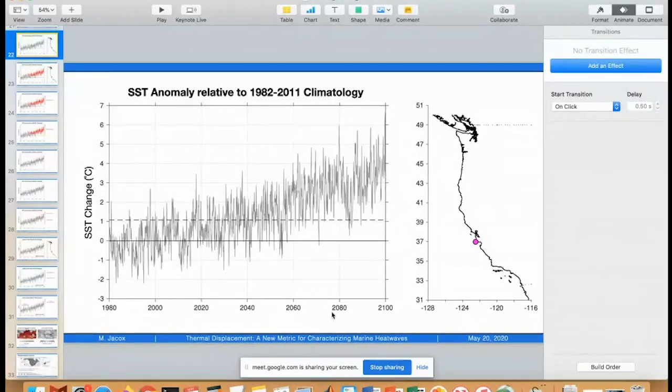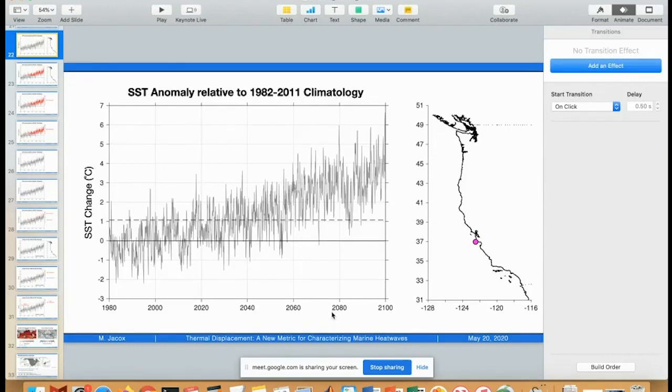That's actually a great question. The way I've done this, I've kind of precluded myself from being able to answer that, because the first step was that I defined what is a heat wave based on the Eulerian, fixed location analysis, and then I looked at the thermal displacements during those events.